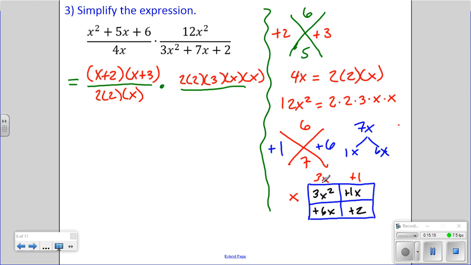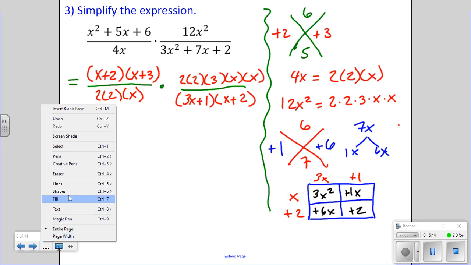What times 3x gives me 6x? We need a positive 2. And double check, positive 2 times positive 1 is positive 2. Yes, it sure is. So that means the factors of the denominator would be 3x plus 1 with x plus 2.